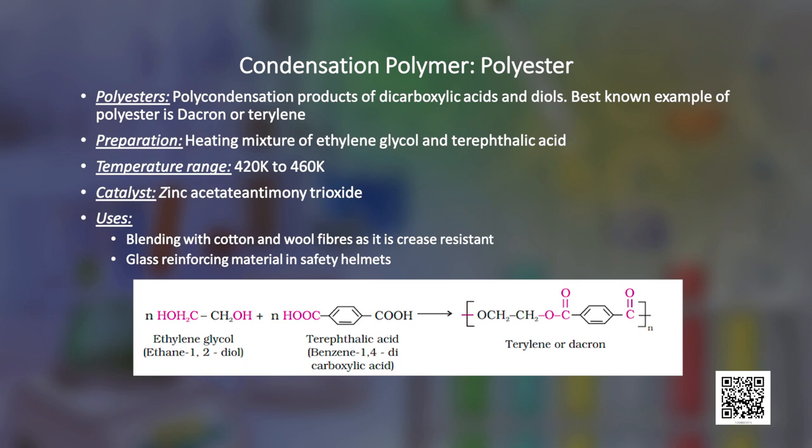The fiber of this polymer is crease resistant and is used in blending with cotton and wool fibers. It is also used as glass reinforcing materials in safety helmets. By looking at the varied applications of these polymers, it is very difficult to imagine our lives without them.